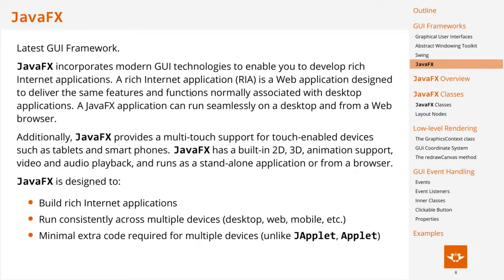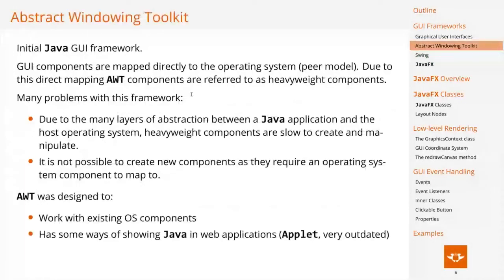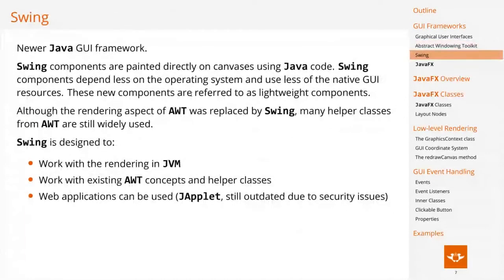So JavaFX became the point of trying to make sure that Java isn't stuck in the past. Java doesn't get stuck with just Swing components that only work on desktop devices. There was something called applets available in AWT, JApplets available in Swing, but they weren't very good because of security issues.